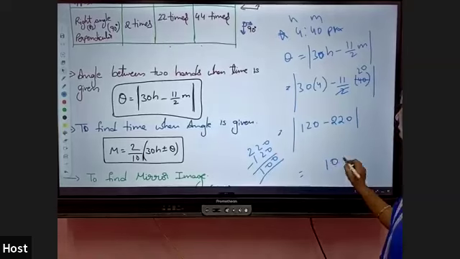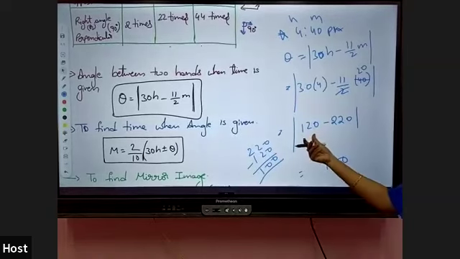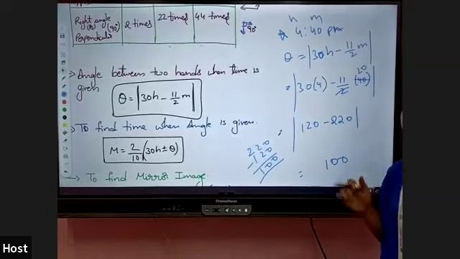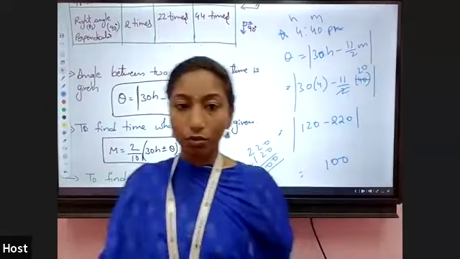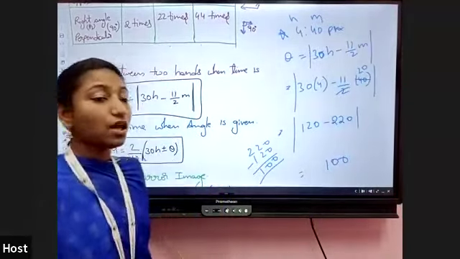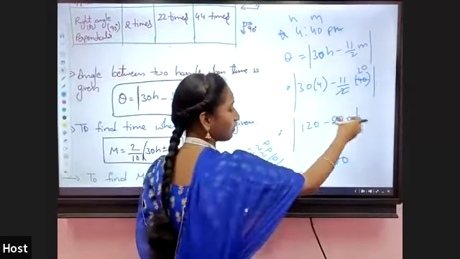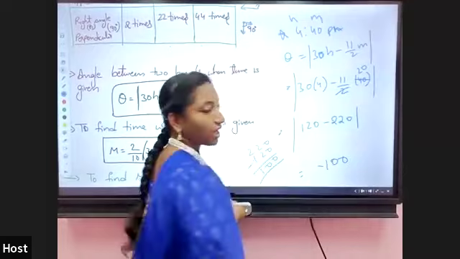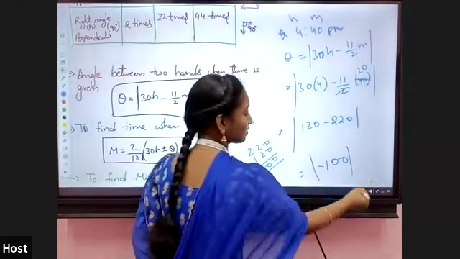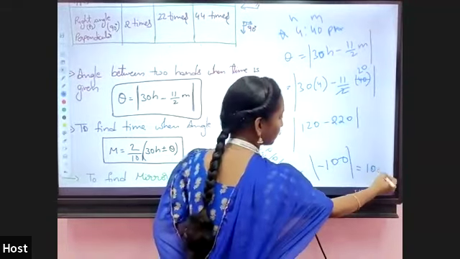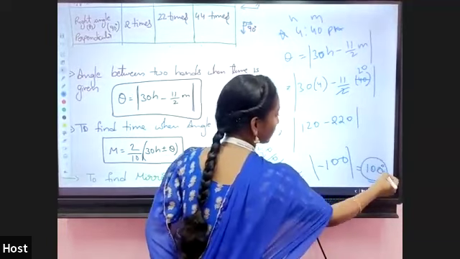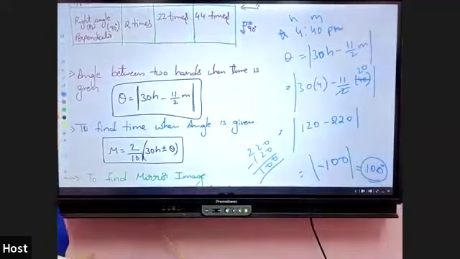That is 100. Here a small number minus big number would give a negative value, but by using this mod, we can change the negative value to positive value. So here the answer is 100 degrees.